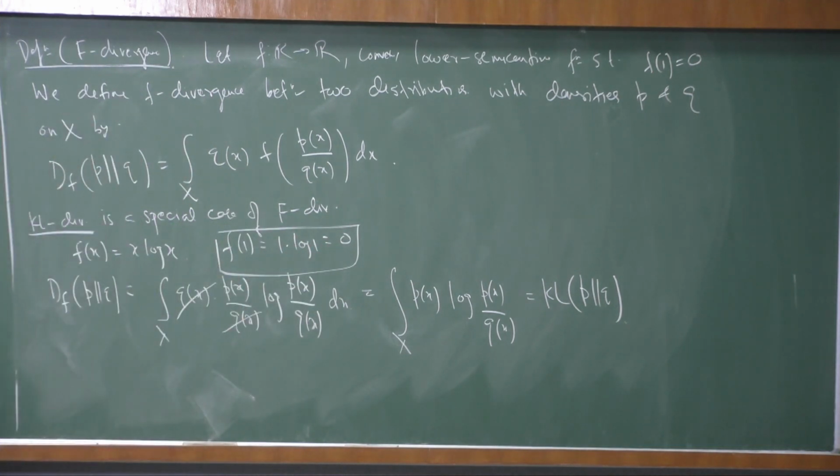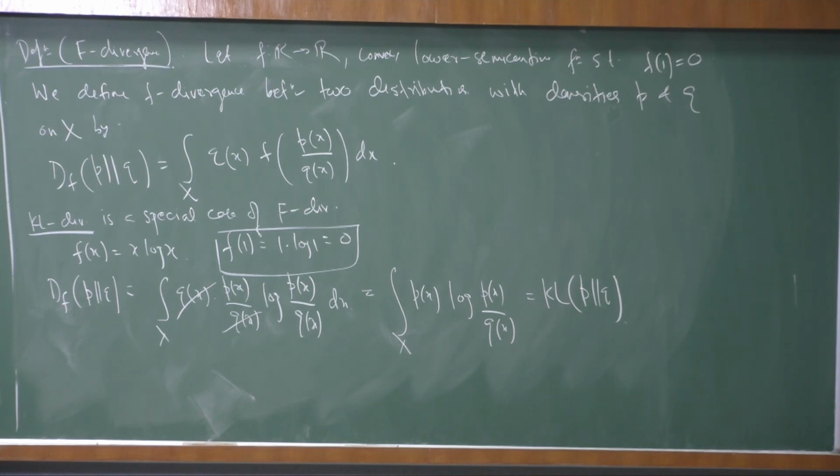So from here you see that now you can generate infinitely many divergences, because convex functions are infinitely many that will satisfy f(1) equals 0. Okay, so that gives you a very generic generalization.